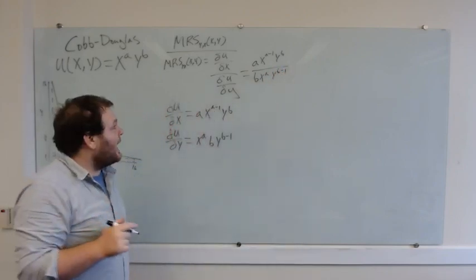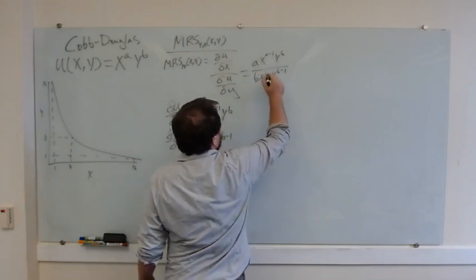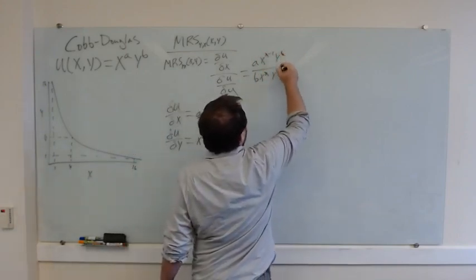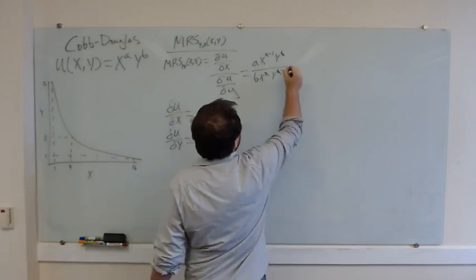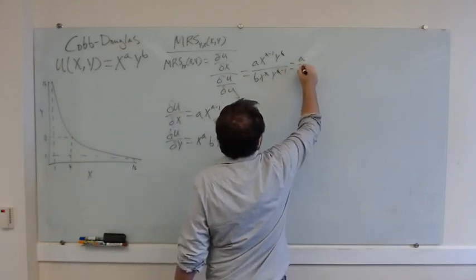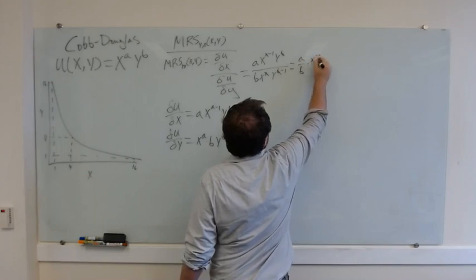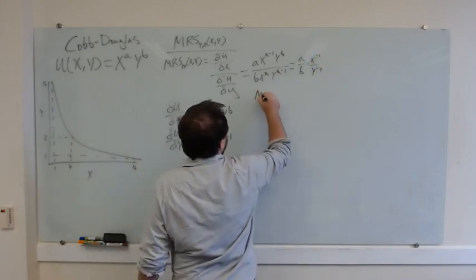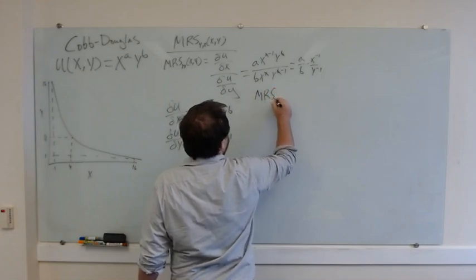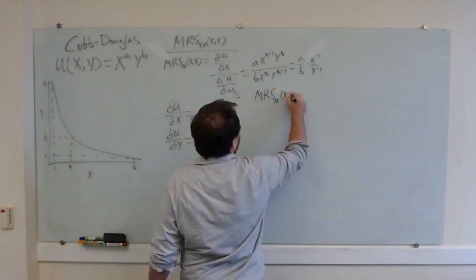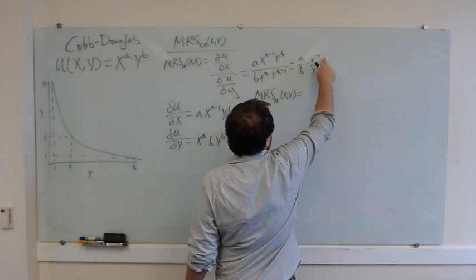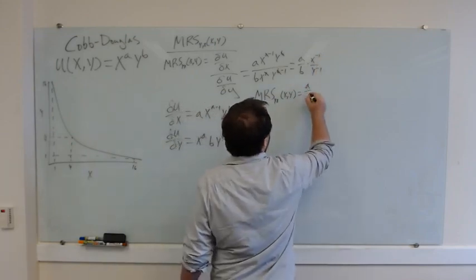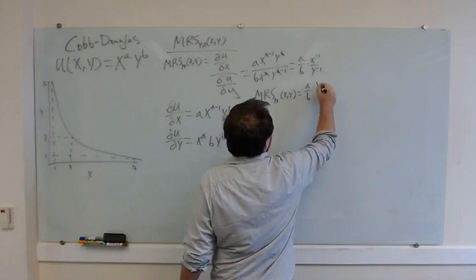Cool. Okay. So x to the a over x to the a, those two cancel. y to the b over y to the b, those two cancel. So this is just going to be a over b times x to the negative 1 over y to the negative 1. So our MRS is going to be, x to the negative 1 is 1 over x, y to the negative 1 is 1 over y, so this is just going to be a over b times y over x.